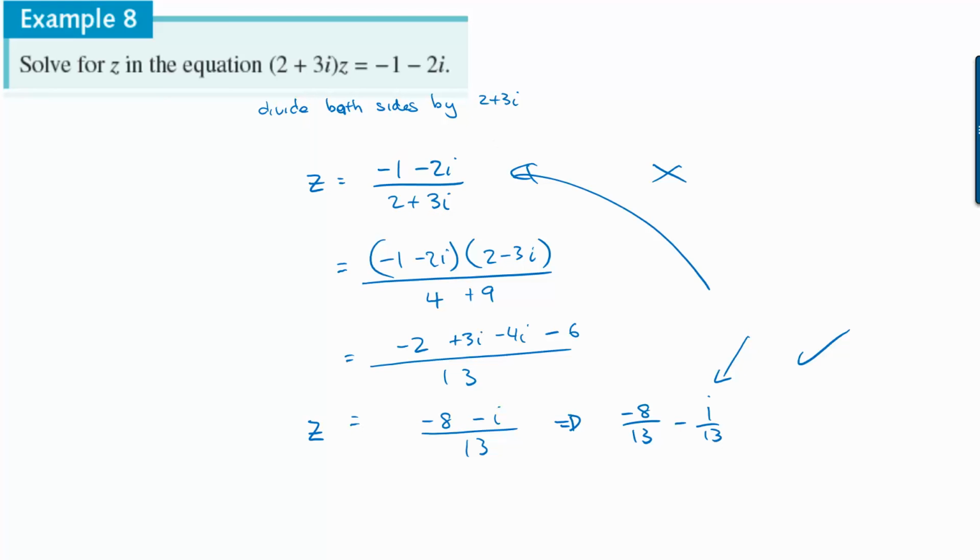You said you wouldn't leave it as the second last thing, negative 8, negative i on 13. Will I be able to leave it like that if it doesn't specify, like, in the following form? Yeah. I think if the question doesn't say, it's fine to leave it as that. Actually, I don't even know if normally it would specify that, because technically both of them are the same thing.